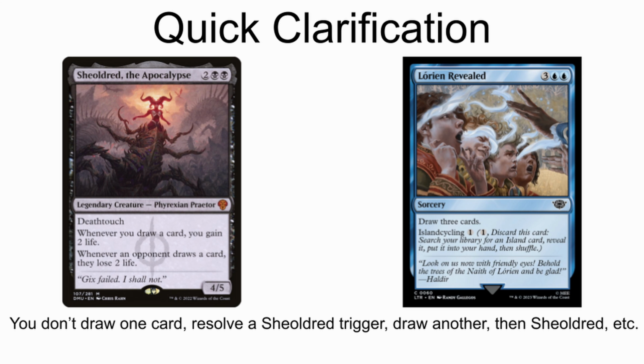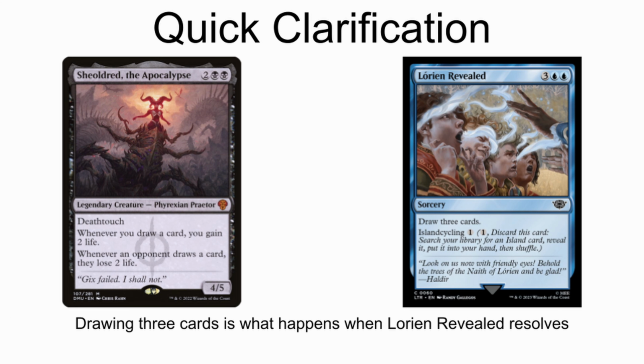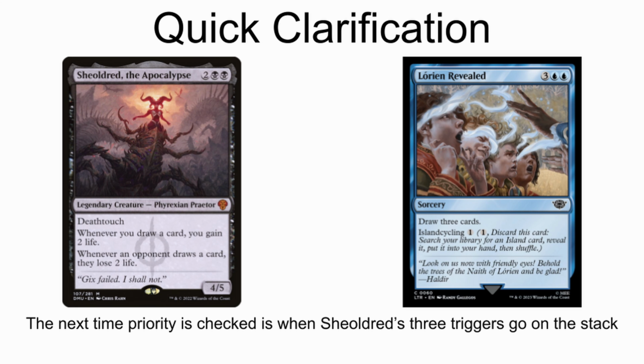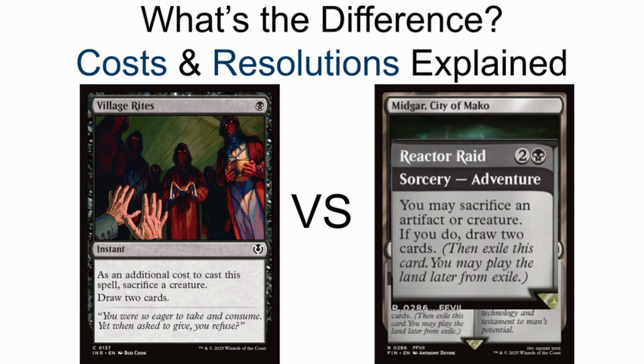It's not the case that I draw 1 card, resolve a Sheoldred trigger, draw another, etc. The act of drawing 3 cards happens simultaneously as part of the spell's resolution. And like we saw with our other examples, the next time priority is checked is when Sheoldred's triggers will go on the stack. Hopefully this has helped clarify the differences between costs and effects that happen on resolution.